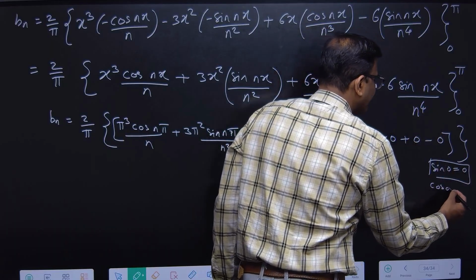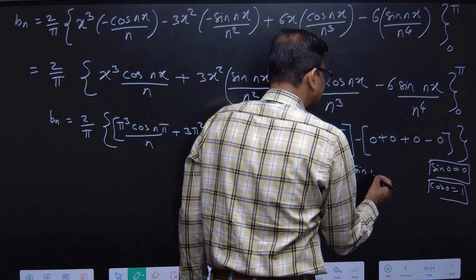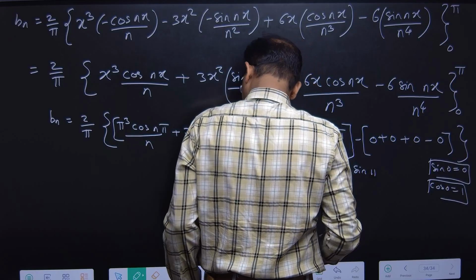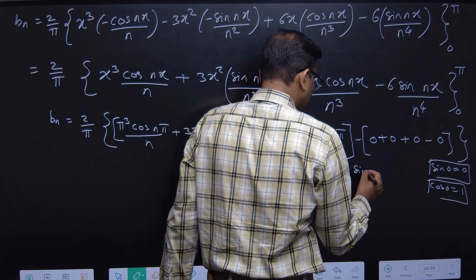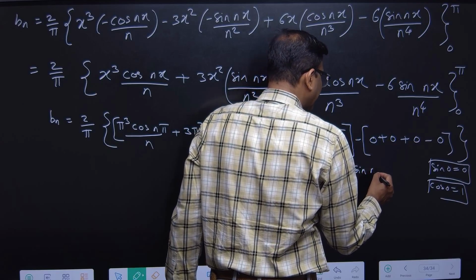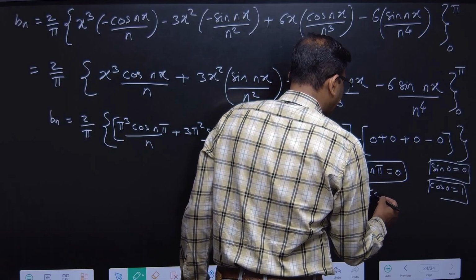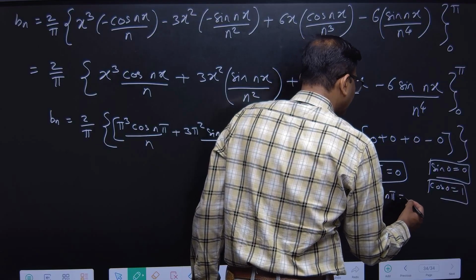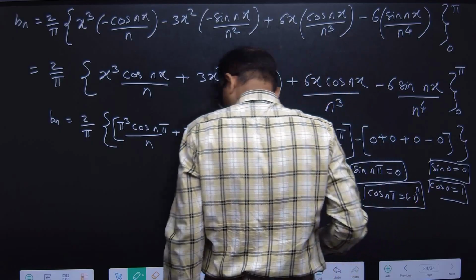Cos 0 is 1. We know sin n pi is 0, remember. So sin n pi term becomes 0. Cos n pi becomes minus 1 raised to n. Cos n pi is minus 1 raised to n.